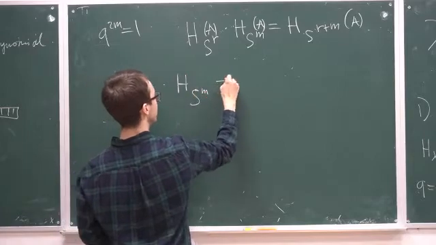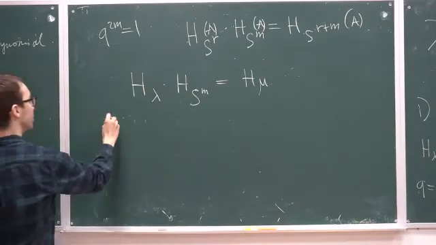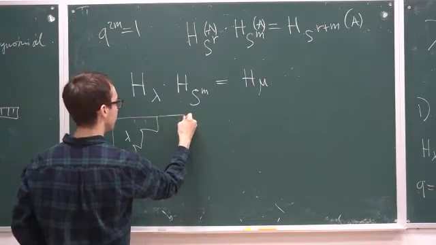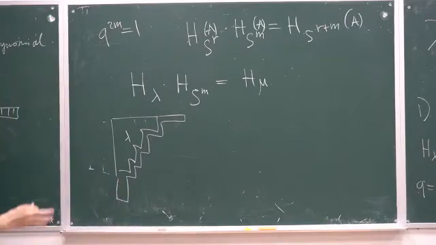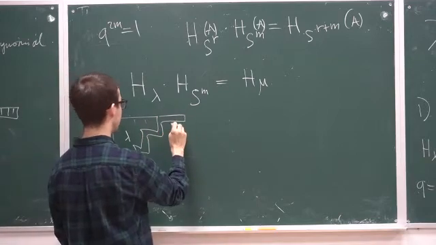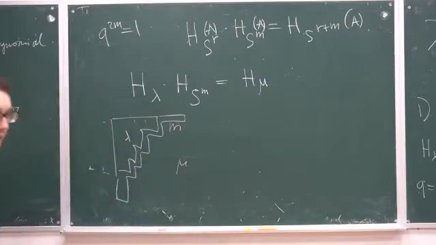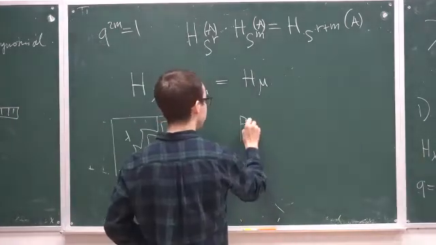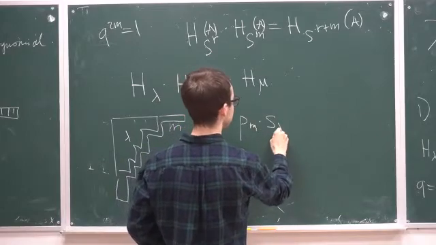where mu is any diagram such that we have diagram lambda, and mu is obtained by adding a single connected skew hook of length m. These are the representations that appear in the following. We take p_m, the power sum symmetric function, times the Schur function S lambda.